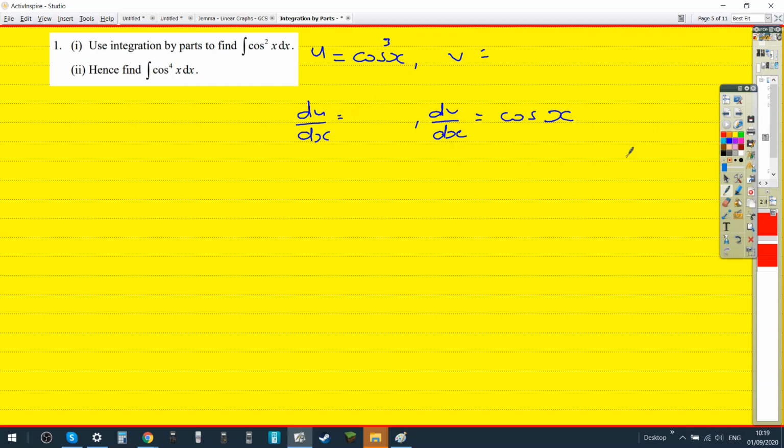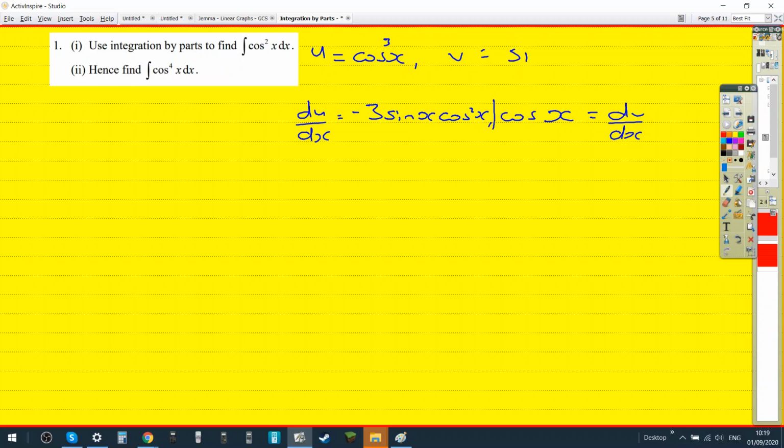So minus 3 cos squared x sine x. Then the integral of cos x is just sine x.